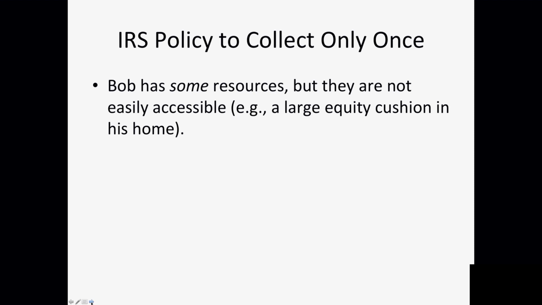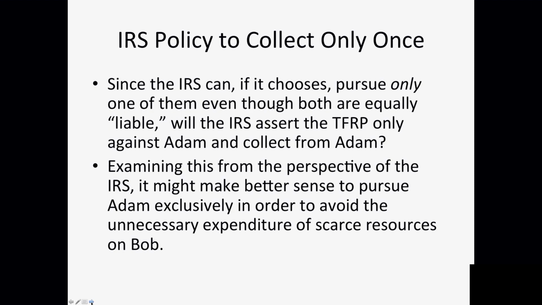And the IRS, practically speaking, does not like to levy on a home when it's the taxpayer's primary residence for obvious reasons. Since the IRS can, if it chooses, pursue only one of them, even though both are equally liable, will the IRS assert the trust fund recovery penalty only against Adam and collect from Adam?